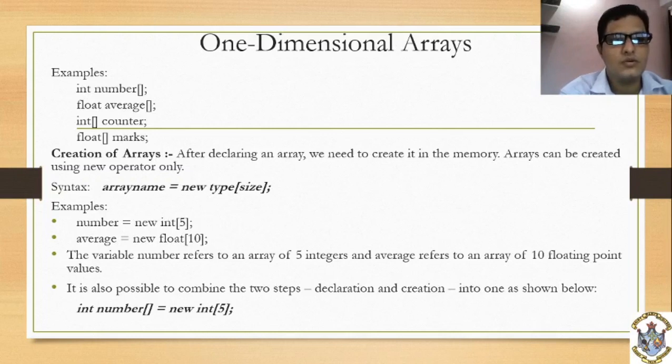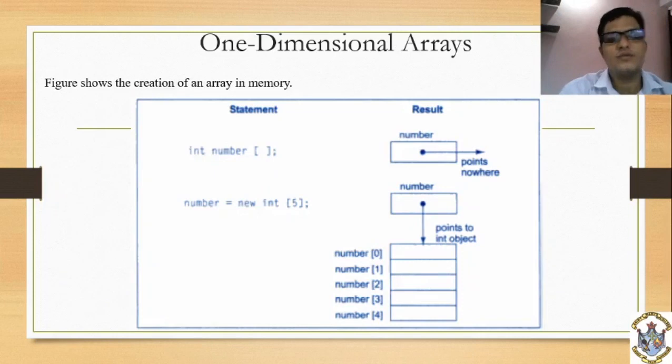Okay, so the declaration and creation of an array can be done by using a single line also: int number equal to new int of 5. It indicates you are declaring and creating an array variable. Now if you see the above example, in int number, I am declaring an array variable. It doesn't know where it points to in memory, right?